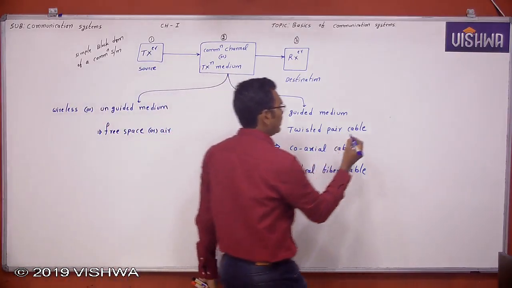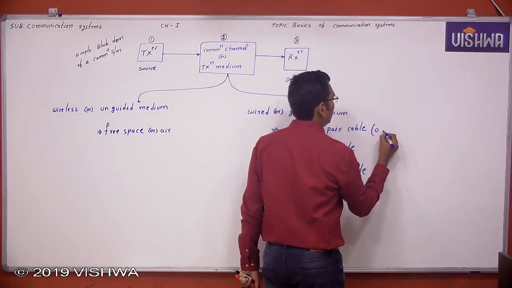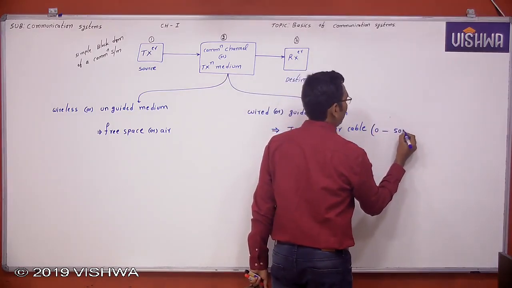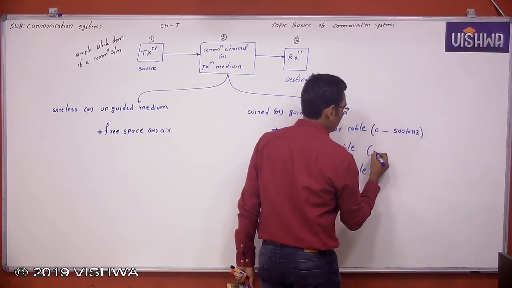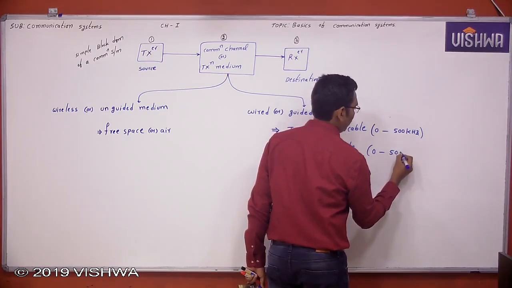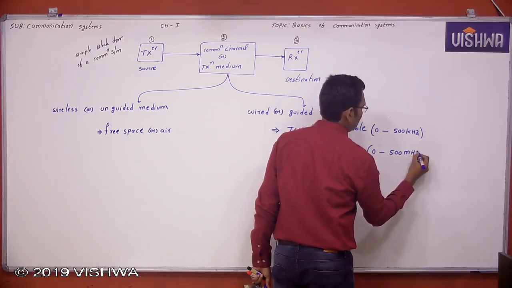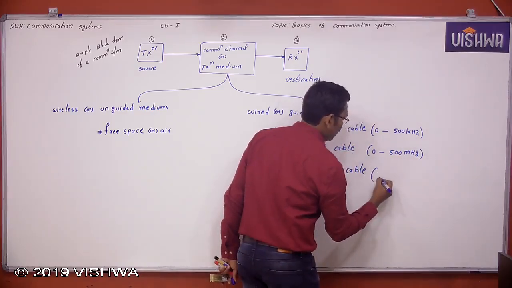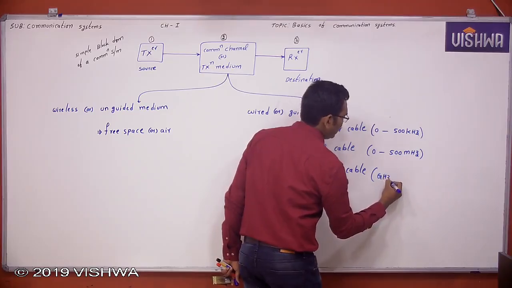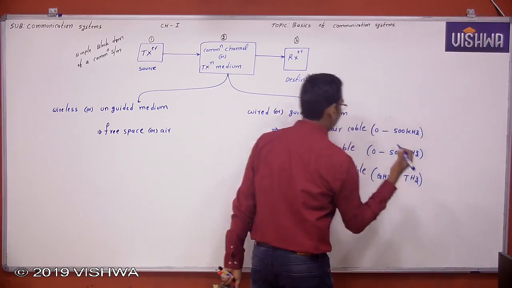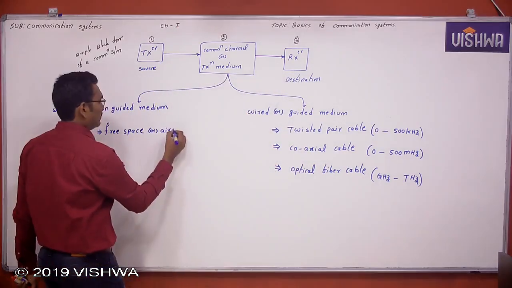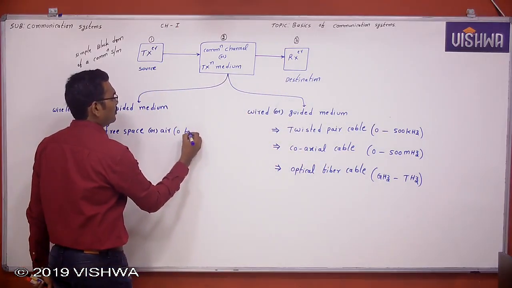Let us take an example. This is 0 hertz to 500 kilohertz. This is 0 to 500 megahertz. This is thousands of gigahertz to thousands of terahertz. This is nothing but 0 to infinity.